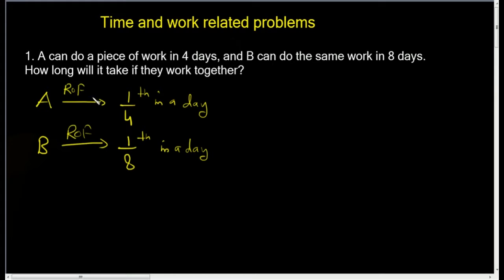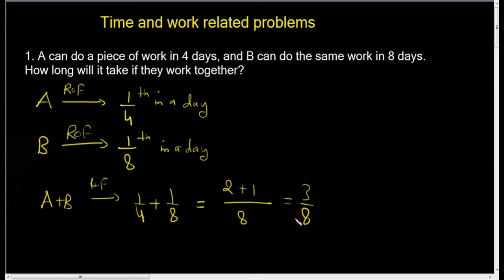So before that we will think about how much work they do together in a day. So if we take A plus B and apply ROF, that is just combining these two, adding these two. This will be the total work done in a day by these two together. So we take the LCM, 2 plus 1, this is 3 by 8. So this is the work done in a day by these two.